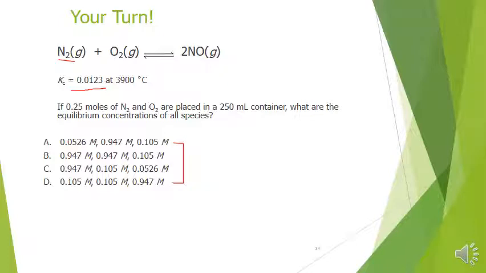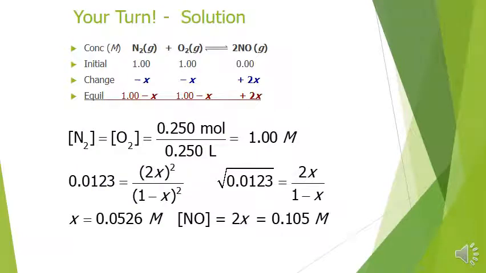So the first thing you need to do is find out how many moles of these there are. So take 0.25 divided by 0.25, and you'll have 1 mole of each one and no moles of this. Okay, and what you want to do is find out what the equilibrium concentrations of all these are when you're all said and done.